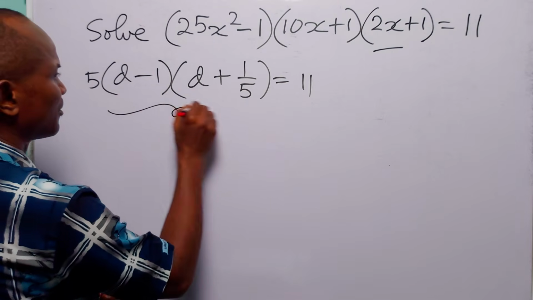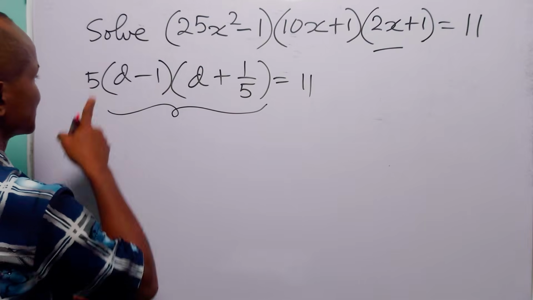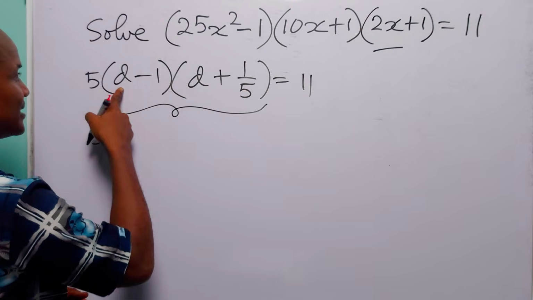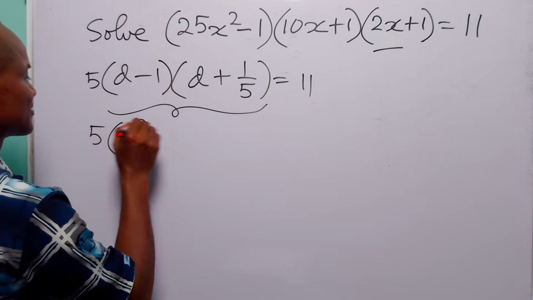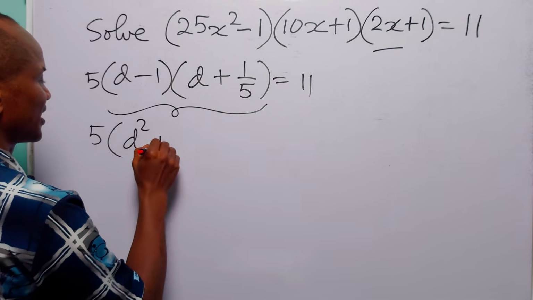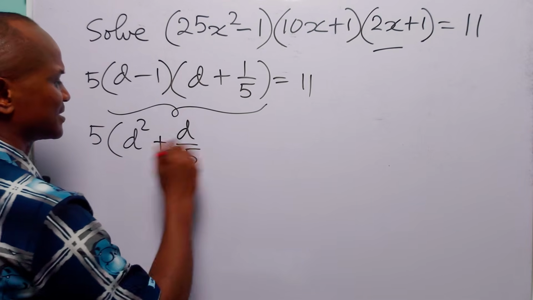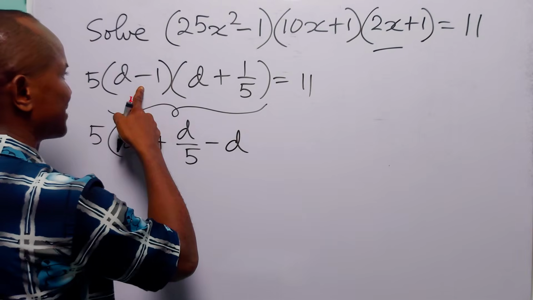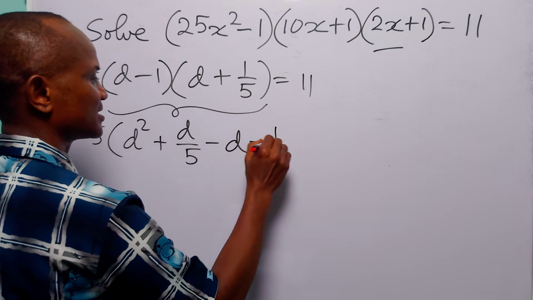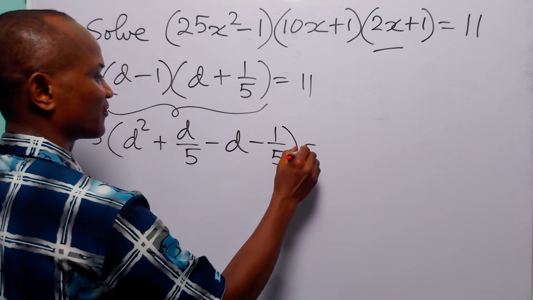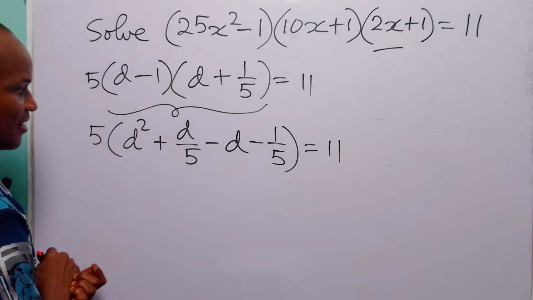And finally, we can now multiply these two factors. We have D times D, which is D squared. D times 1 over 5, which is D over 5. Minus 1 times D is minus D. And minus 1 times 1 over 5 is minus 1 over 5. This is equal to 11.